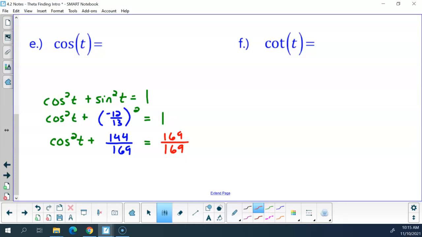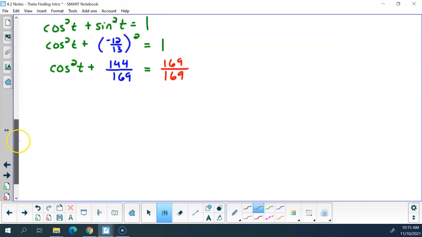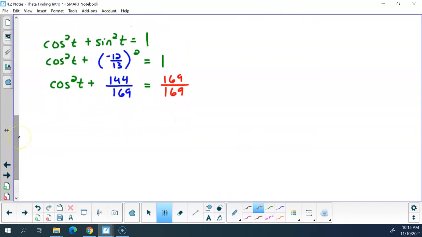Subtract 144 over 169 gives me 25 169ths. Square root, yes, because I want to get cosine by itself. 5/13.